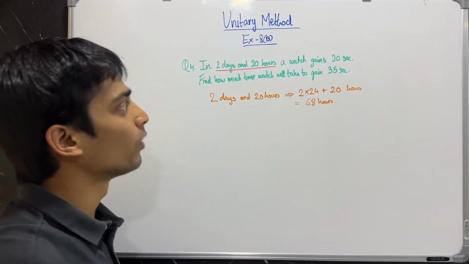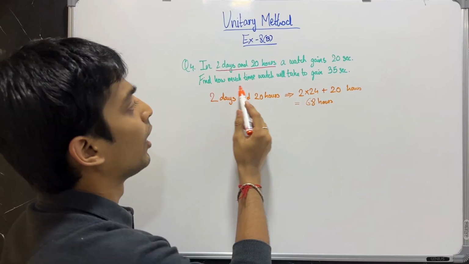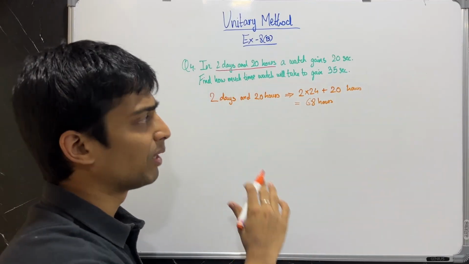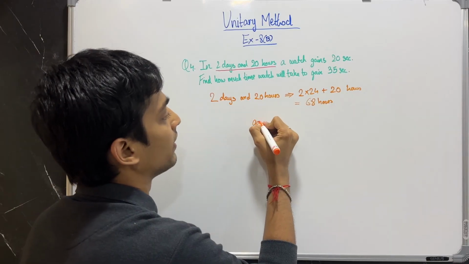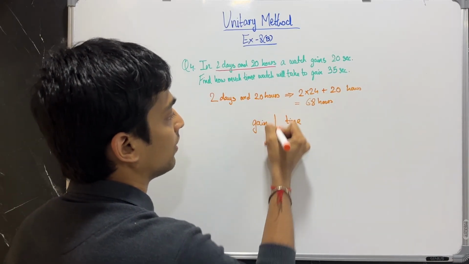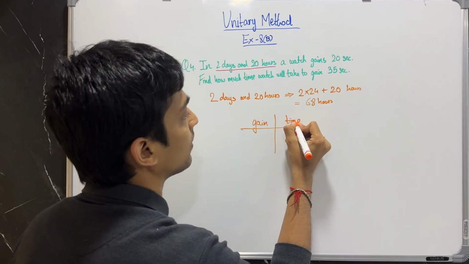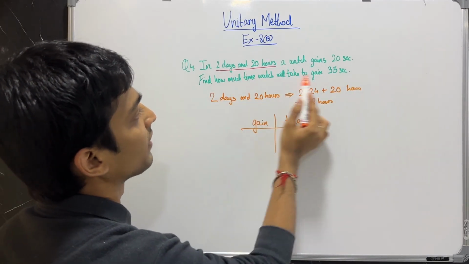Okay, now we know it's direct variation. Very simple. We draw a table here. We have to find how much time the watch will take, so the time will be on the right column, gain will be on the left column. Let's write here gain, time. Just copy the question. This is the time, this is the gain.